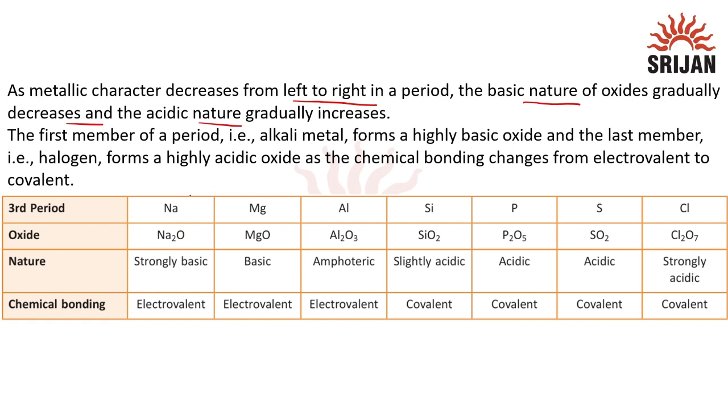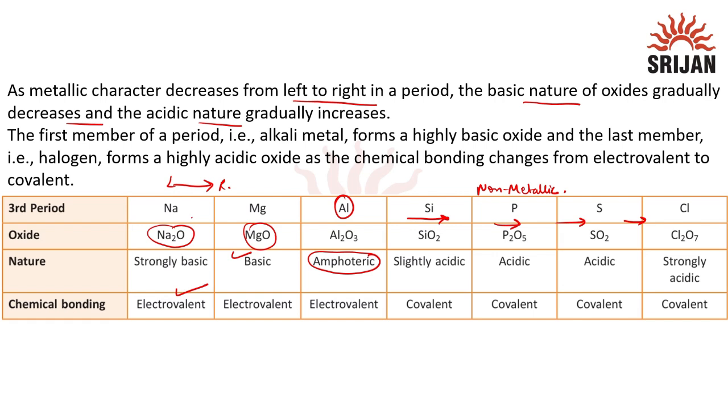You can see here, if we are moving from left to right in a period, the oxides of the elements are basic, then become amphoteric, that means both acidic as well as basic, for example aluminium, but they start turning acidic as we move towards the right of a period due to the increase in the non-metallic character, right.